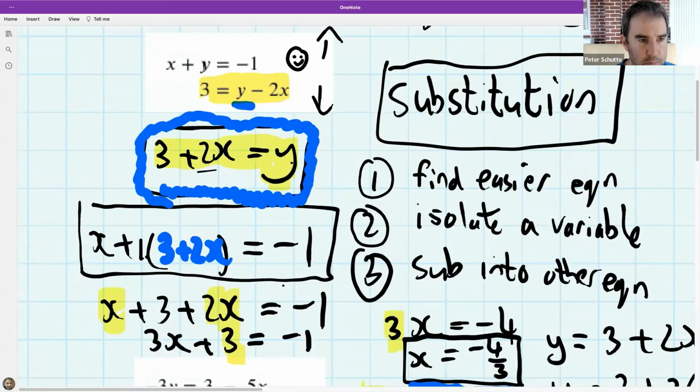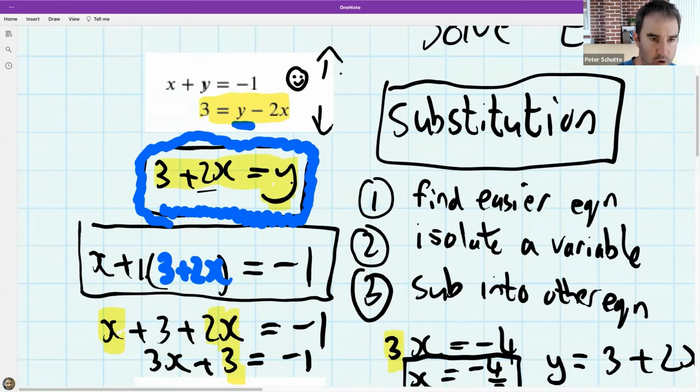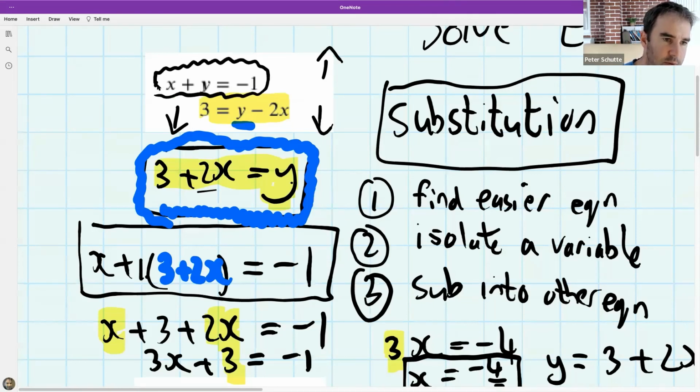So at the very beginning, we chose to work with the one that's highlighted, the yellow one. And when we worked with it, we changed it into an equivalent equation, which is 3 plus 2x is y. Then we took the other equation up here and subbed the one in blue into that.